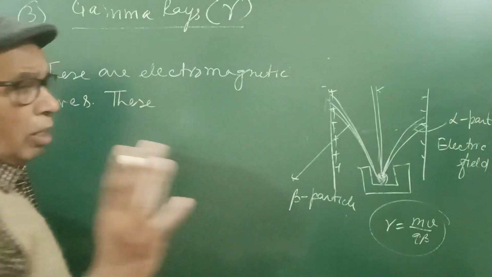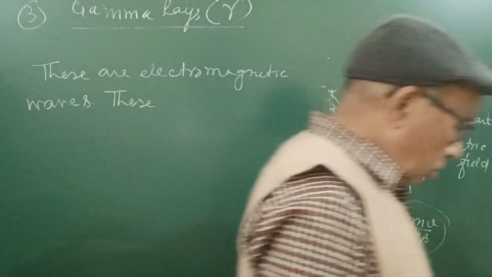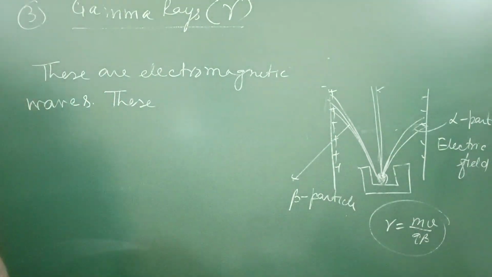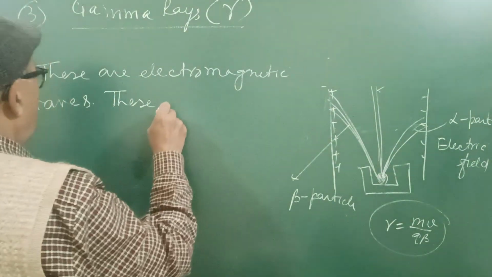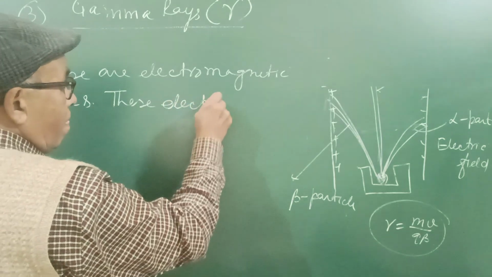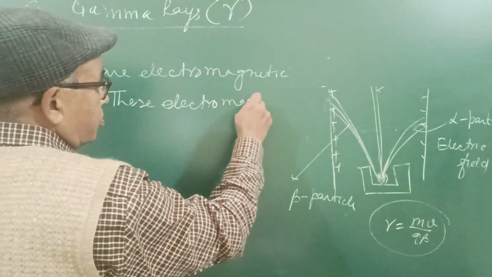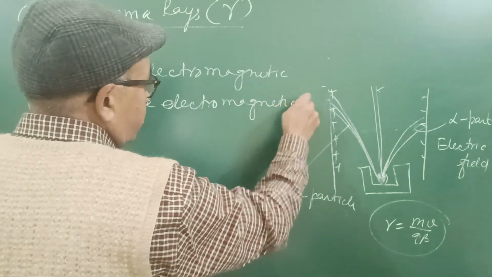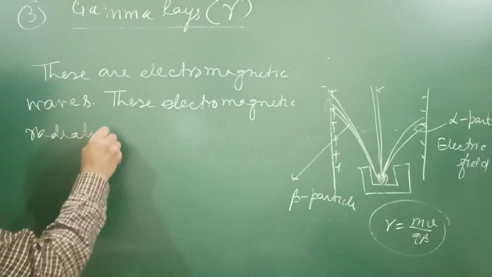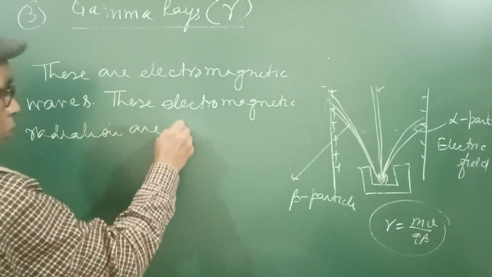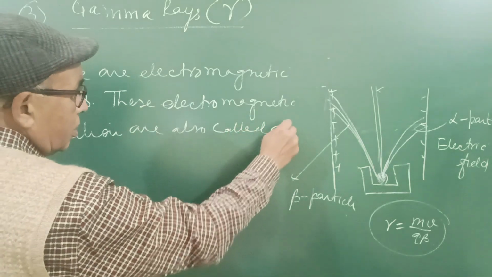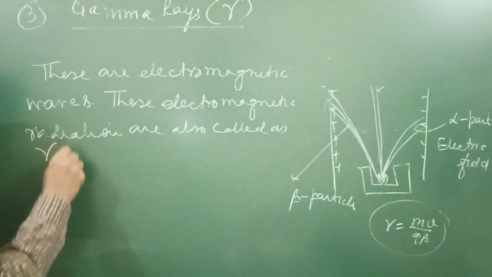From Planck's quantum theory, electromagnetic waves have particle nature. So these electromagnetic radiations are also called gamma photons.